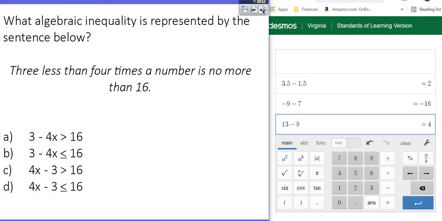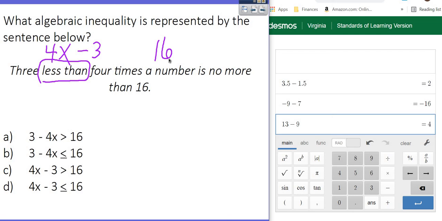All right, we got one more thing. What algebraic inequality is represented by the sentence below? So this says 3 less than is a flip phrase or flip word, so it's going to be minus 3. 4 times a number, so let's do the 4x, is no more than 16.